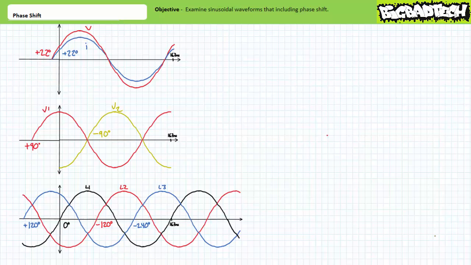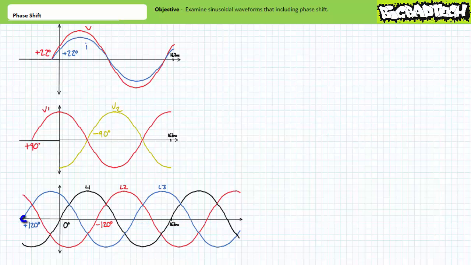We're given an option for L3 in blue. Does L3 lag L1 by 240 degrees, or does it lead it by 120 degrees? As we've previously demonstrated, negative 240 degrees is equivalent to positive 120 degrees, but what is the preferred means of expressing this relative phase shift?